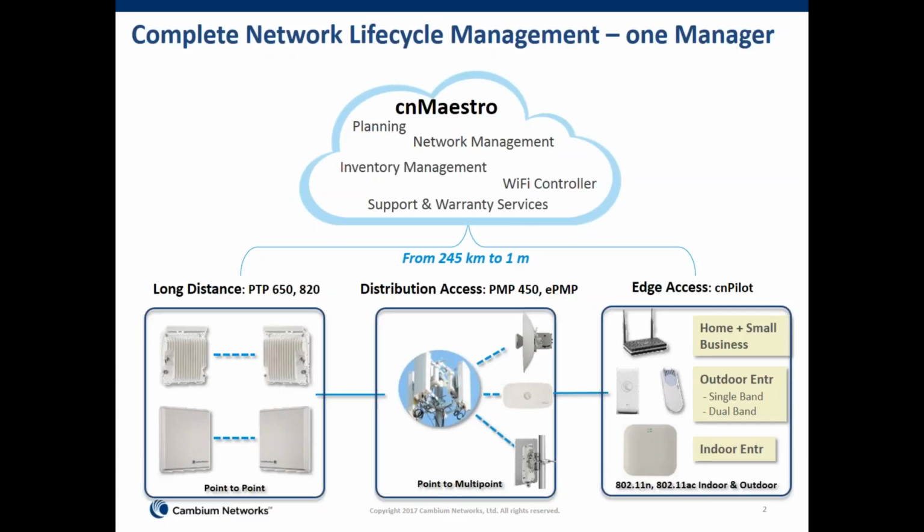We cover from 245 kilometers down to 1 meter, indoor, outdoor, long distances, great bandwidths, all the way from the PTP 820 and 650 product on the left side there, through the distribution access layer stuff using ePMP or PMP 450, all the way into the home or into the internal Wi-Fi, indoor and outdoor Wi-Fi, using the cnPilot equipment. And all of this can be managed with the cnMaestro management tools. It's a great portfolio of products to satisfy any wireless need.